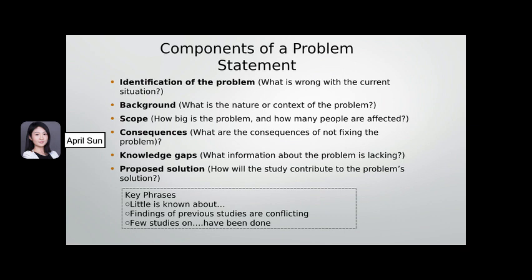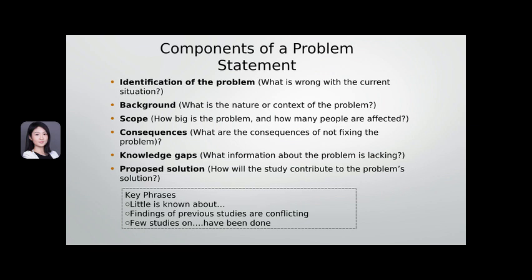As we talked about earlier, the problem statement informs the justification of the need for the proposed study. In order to do so, the statement would include a gap in research, conflicting findings, or omission of a group. It is usually interwoven with findings from the literature.